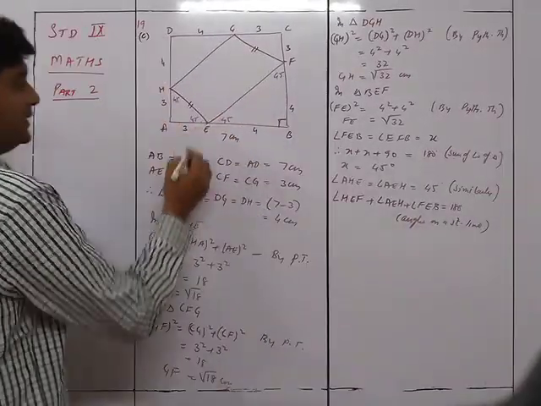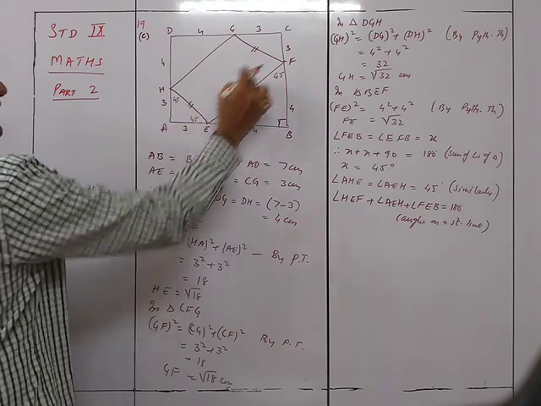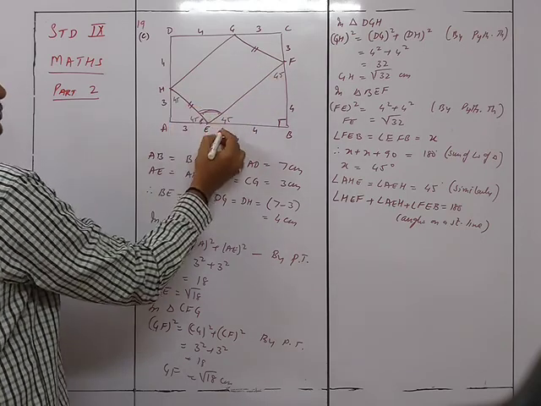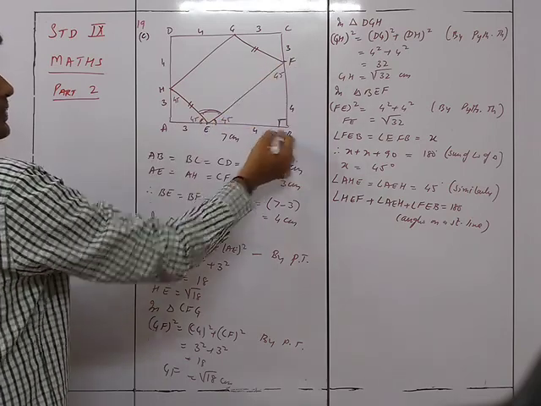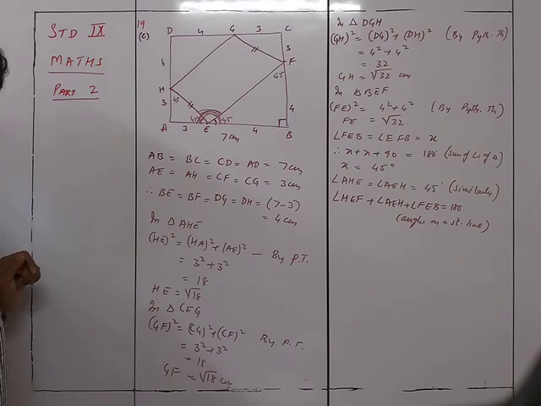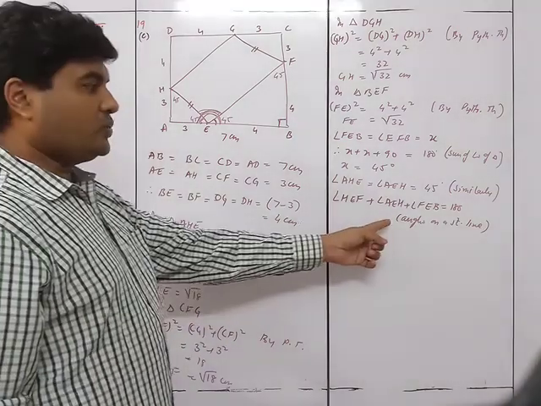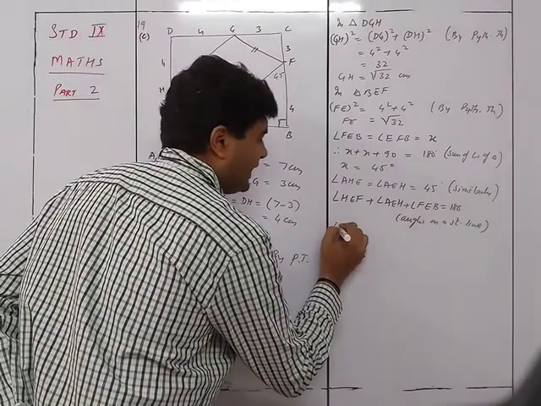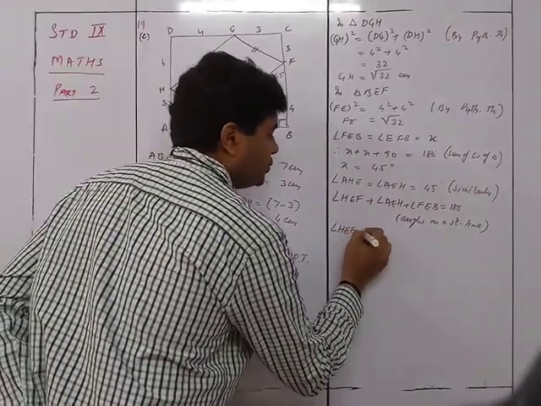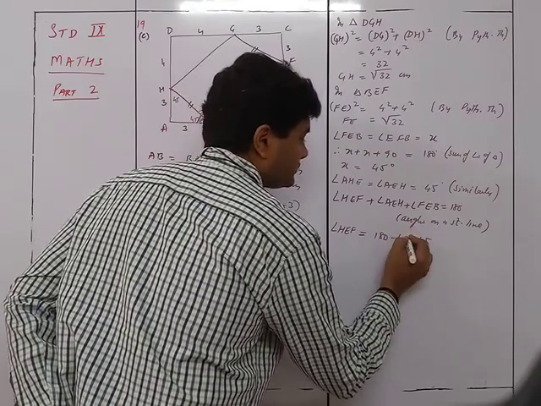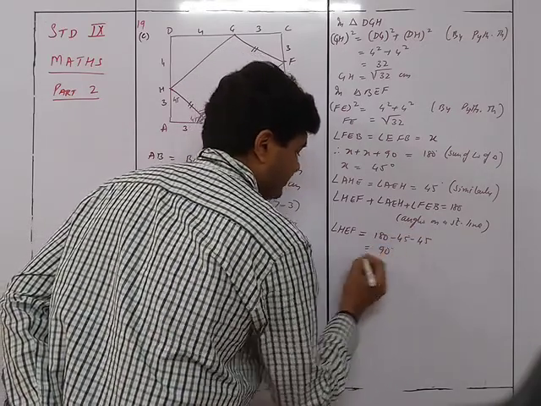This angle over here, HEF, plus this angle, AEH, plus this angle, FEB, all these three form a straight line, so 180 degrees. This and this, you know, are 45, 45 each. So angle HEF is equal to 180 minus 45 minus 45, which is equal to 90 degrees.